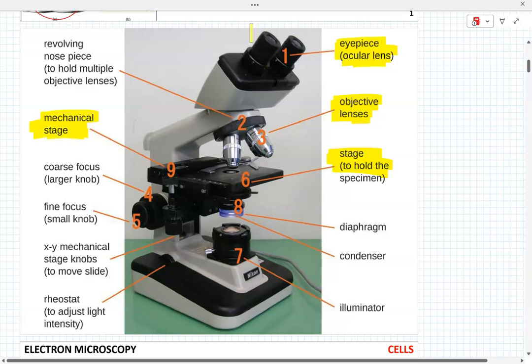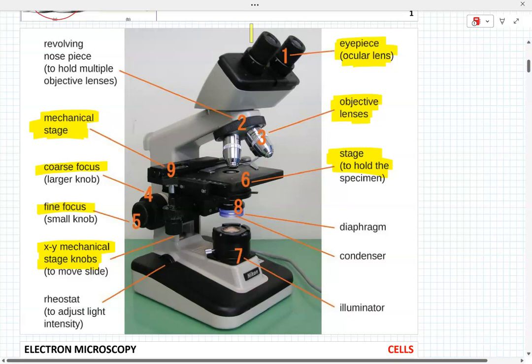The microscopes that we're going to work with have a mechanical stage. It means that you can move that stage front and back, left and right, using mechanical stage knobs. The vertical position of the stage, and therefore focus, can be regulated by coarse and fine focus knobs.